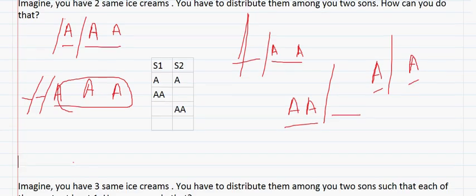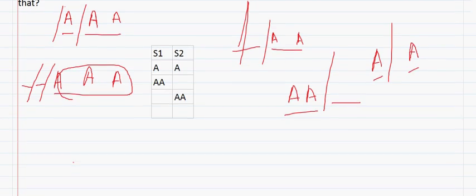So what are we essentially doing, right? If there are r people and there are n identical objects, so let's say a, a, a, these are identical, so these are n identical objects, they can be ice creams or whatever, and we have to divide them amongst r people.